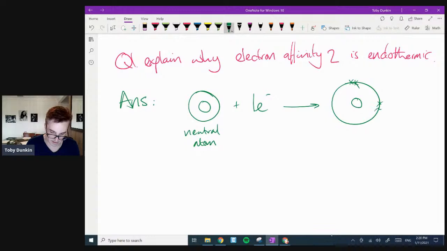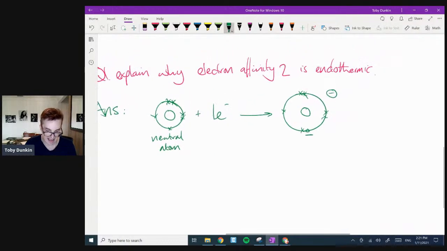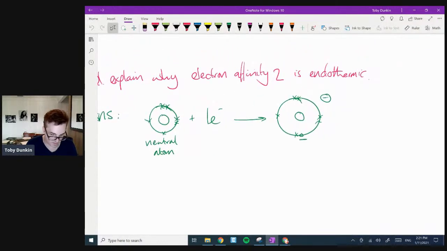It's gained an electron, fully 1 minus. It had 6 electrons originally, and now it's gained an electron over there. There was no repulsion between the originals, but we're forming this attraction over here. That attraction is what releases the energy, minus delta H.